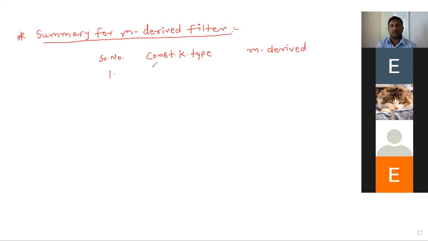First of all, if you consider the constant K type low pass filter and compare it with the M derived low pass filter, write down the formulas.